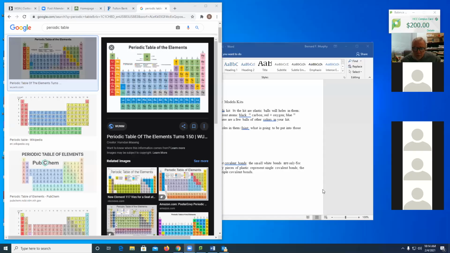All right, let's share this one. Okay. Here's the periodic table of the elements.